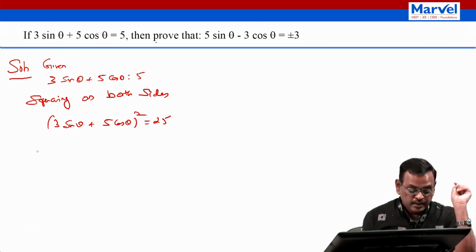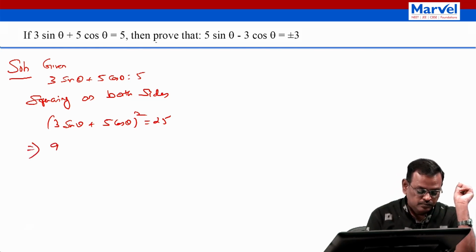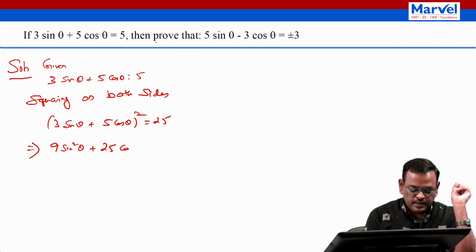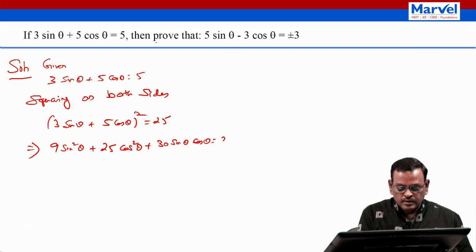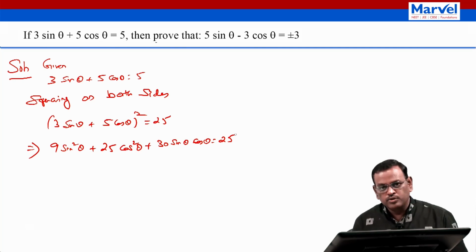Now expand: 9 sin square theta plus 25 cos square theta, 2AB, 2 into 3, 6 into 5, 30 sin theta into cos theta equal to 25.